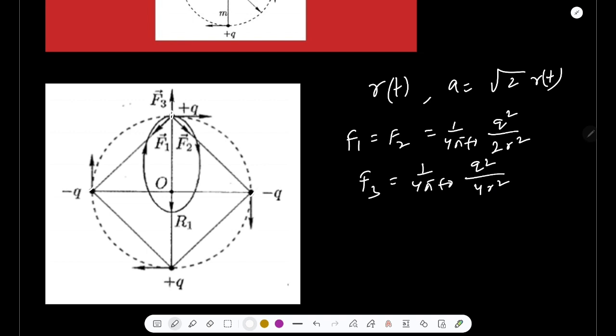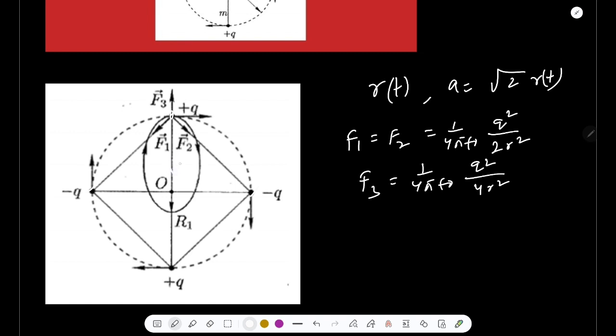And the resultant of all these forces, F1, F2 and F3, is always directed towards the center. Otherwise, the motion can't be confined on a circle.